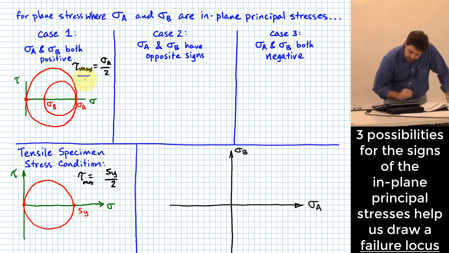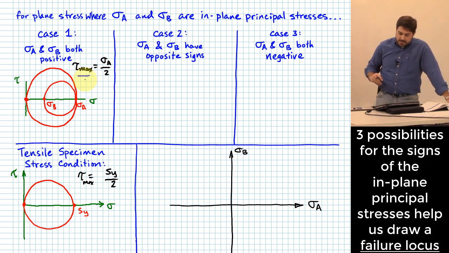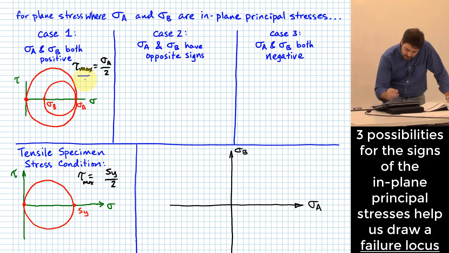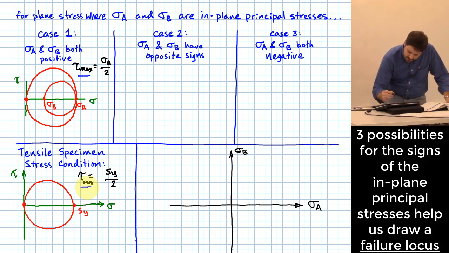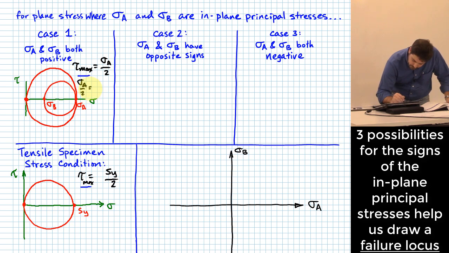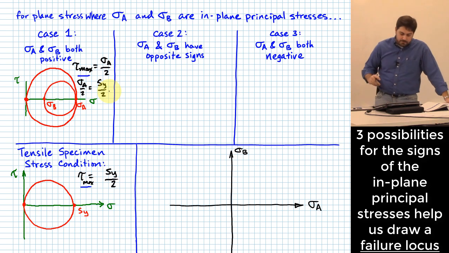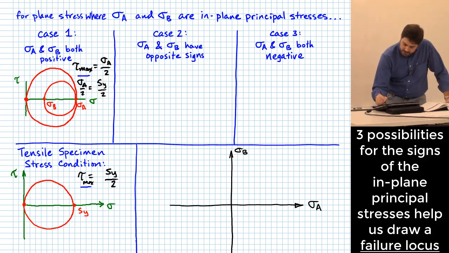This is the maximum shearing stress that exists in my actual part in service, and if it's about to fail, then tau max is equal to S sub y over 2 for our maximum shear stress failure idea. So that tells me that sigma A over 2 is going to be equal to S sub y over 2 at the point of failure. What can I do with the over 2's? We can just get rid of them.